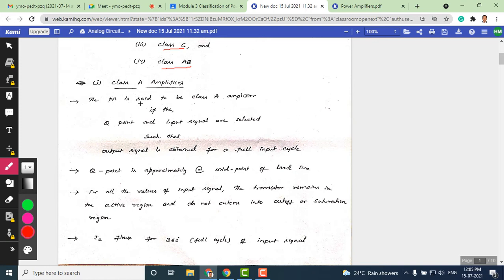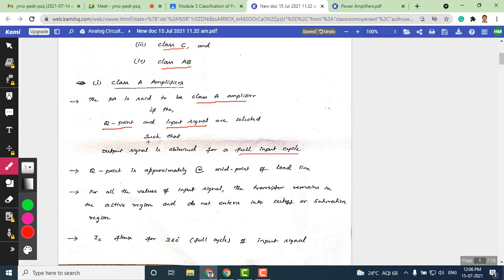A power amplifier is said to be a class A power amplifier if it satisfies these conditions: if the operating point or quiescent point and the input signal, which is a sinusoidal input signal, are selected such that the output signal flows for the full input cycle.